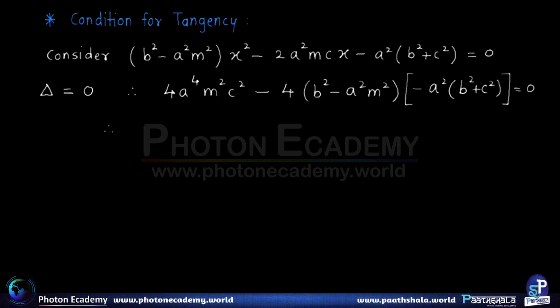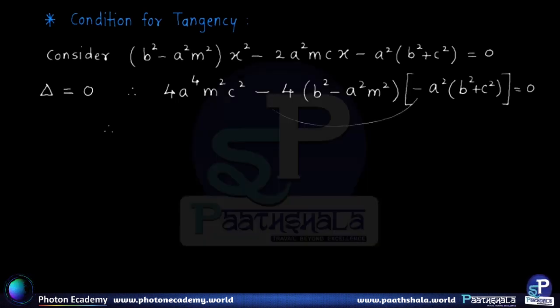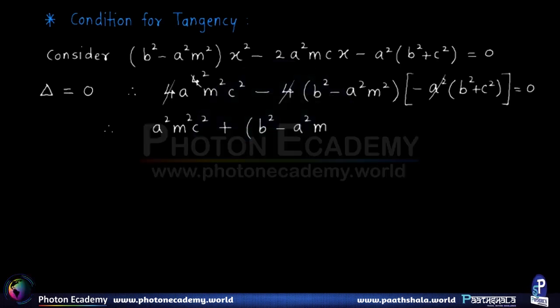Okay, now what happens is the middle term becomes positive because of two minuses, and we can cancel out 4 as well as a^2 from that, and therefore what we get is a^2 m^2 c^2 plus (b^2 minus a^2 m^2) into (b^2 plus c^2), which is equal to 0.